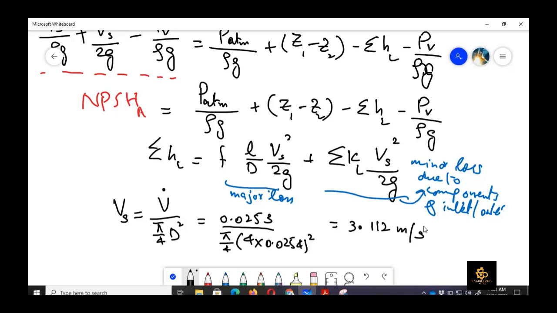And now we need to calculate the value of f, which can be calculated by the calculation of Reynolds number.